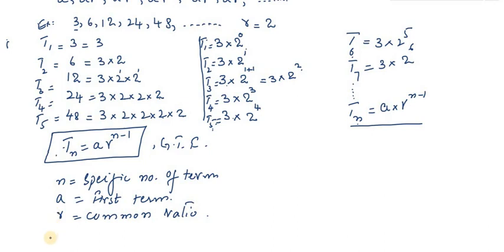And the standard form of geometric progression is given as A, AR, up to AR to the power n minus 1. This is known as the standard form of geometric progression.